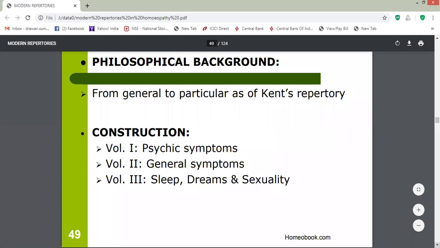As we have discussed, in the first volume we find 6 groves, and in those 6 groves we find the symptoms like abrupt delusion, fear, irritability, sadness, and lastly the index was given.